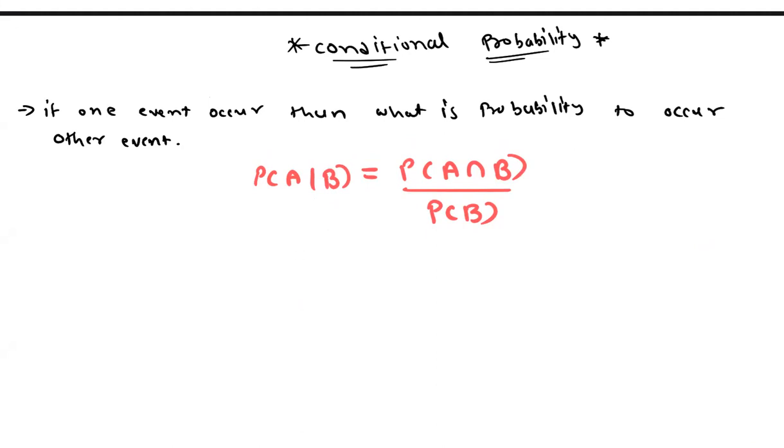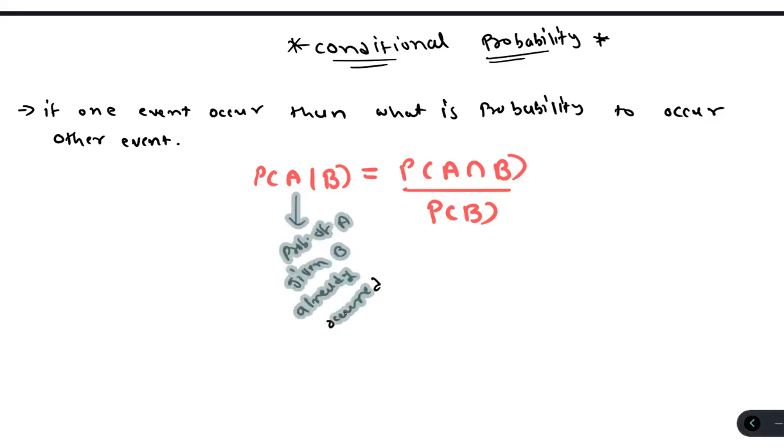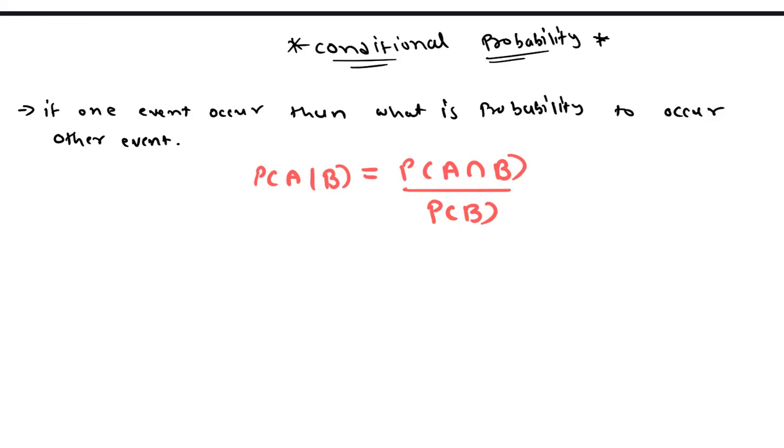We checked the definition of conditional probability, the formula, and how to solve problems. It states that the probability of A given B already occurred is the probability of A intersection B upon the probability of B. We can't find a formal proof of this, but we proved it intuitively in our last class.